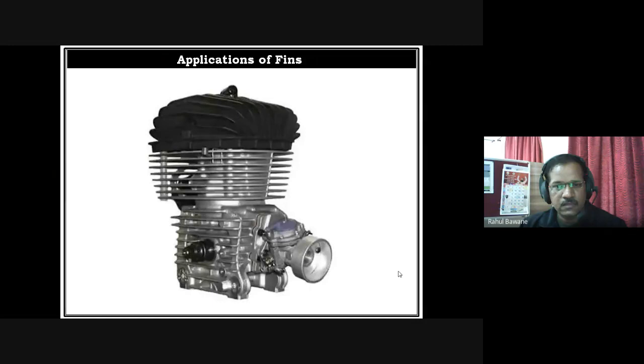Another very common application is bikes, because all bikes and scooters have air cooled engines. To provide sufficient air cooling, they provide fin structures. Whatever the piston cylinder arrangement inside, during operation they dissipate heat to the surrounding surface, but the surface of the cylinder is not sufficient to cool down the engine by air cooling only.